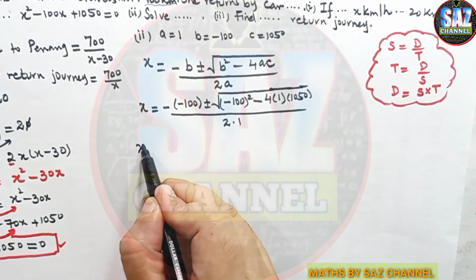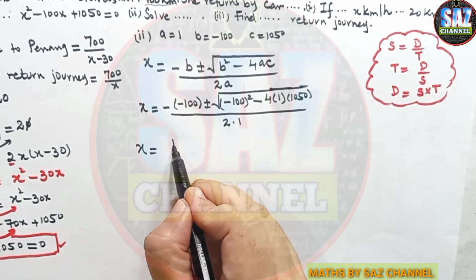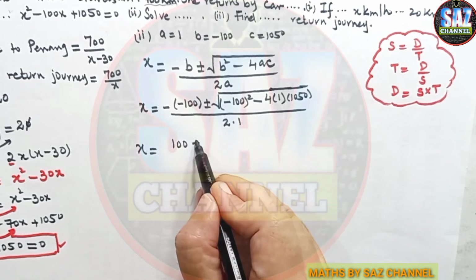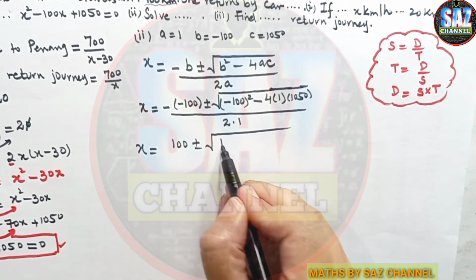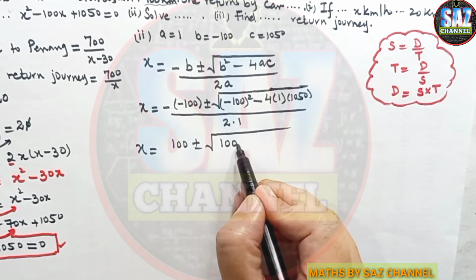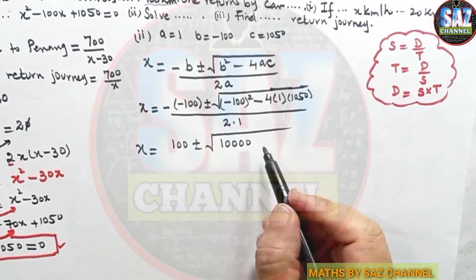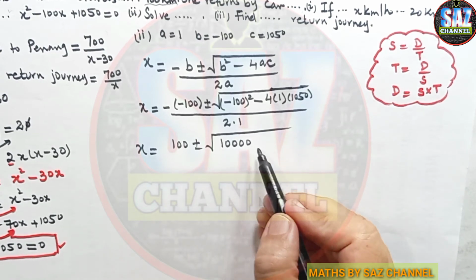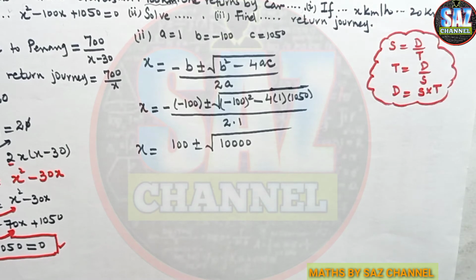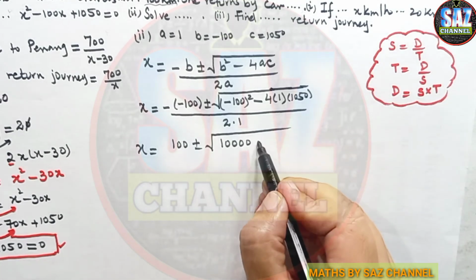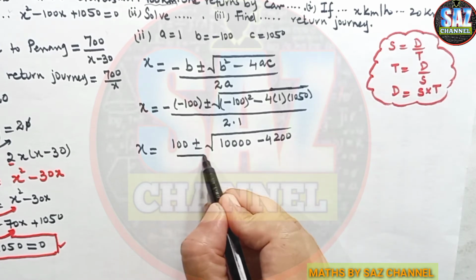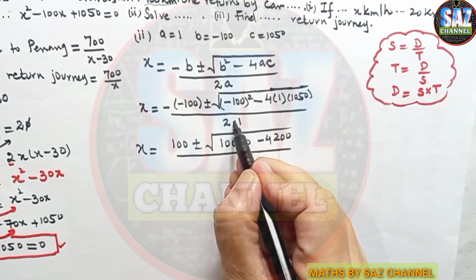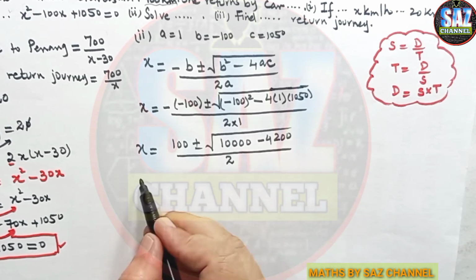The equation will take the form x equals 100 plus minus the square root of the square of 100, which is 10,000, minus 4 times 1050. 4 multiplied by 1050 will give me 4200, upon 2 multiplied by 1, which is equal to 2.